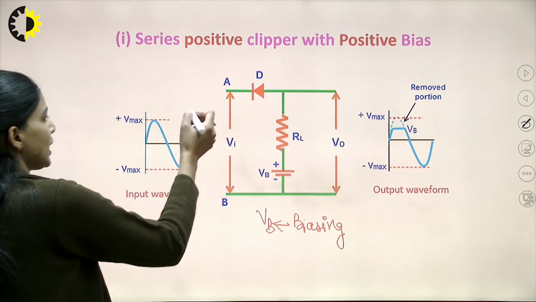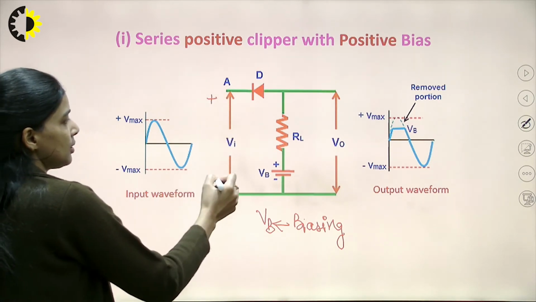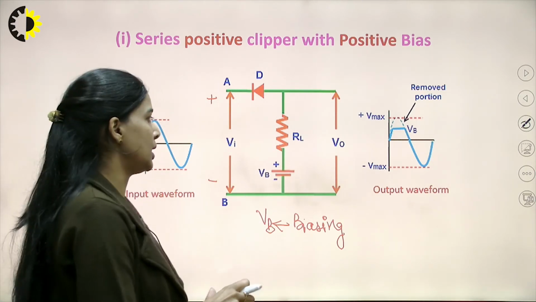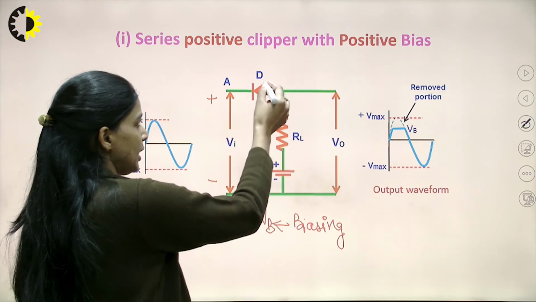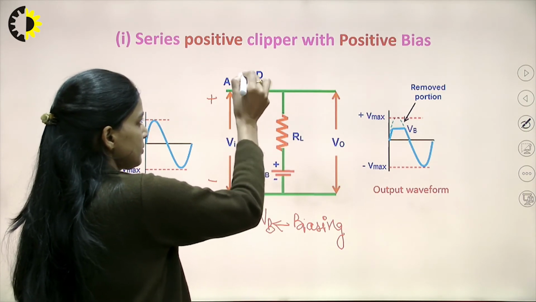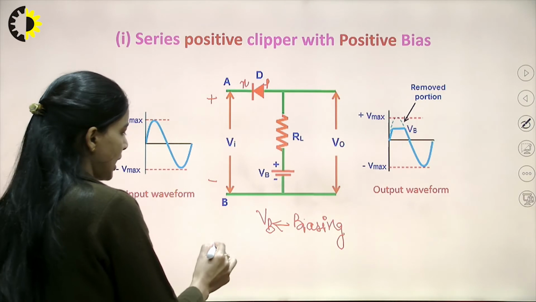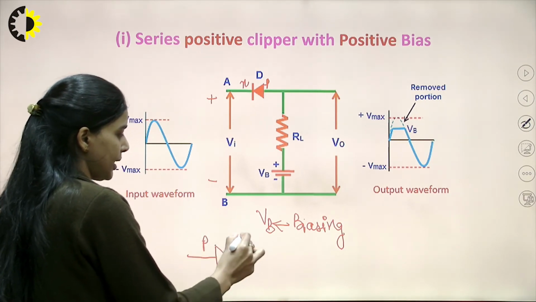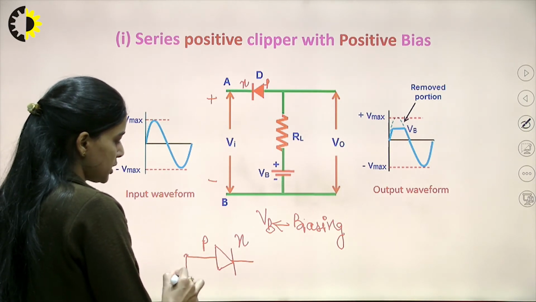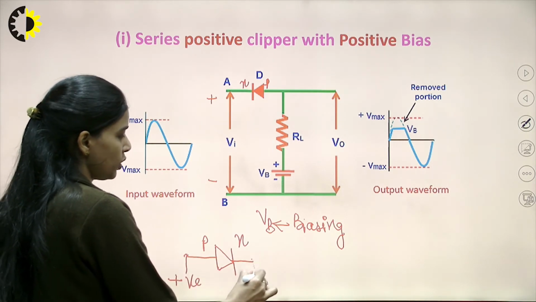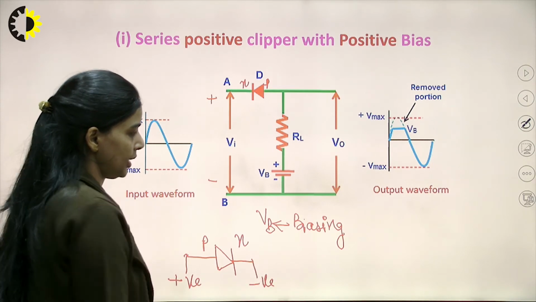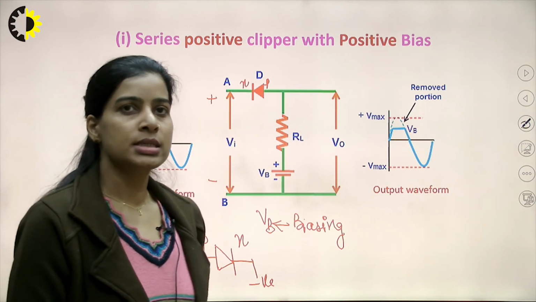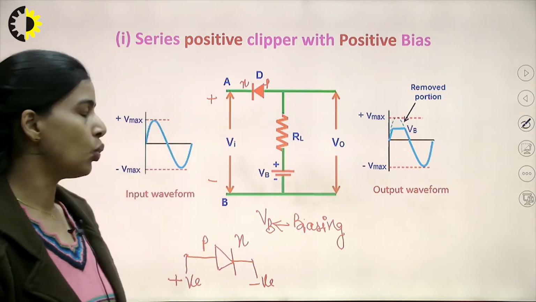For the positive cycle, we can see that the biasing voltage VB is connected from the positive side to the diode. As we have studied, a diode will be forward biased if the P terminal is connected to positive voltage and N is connected to negative voltage. This positive and negative is with reference to one another.